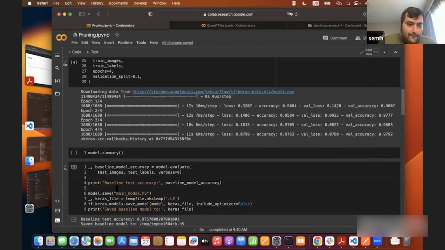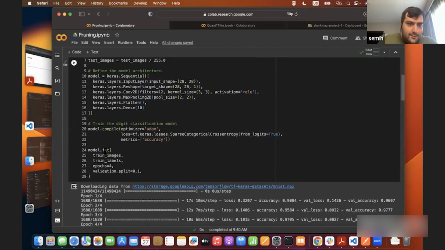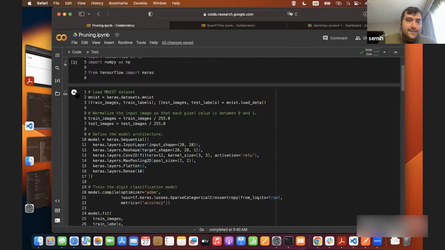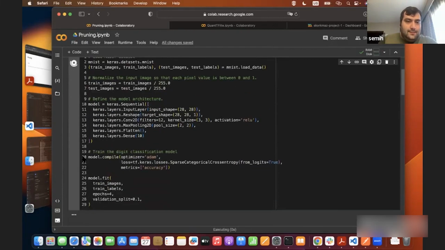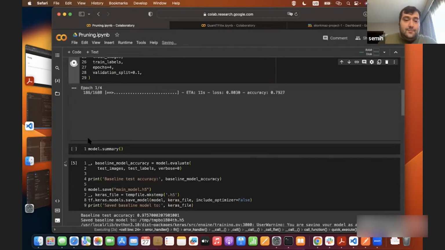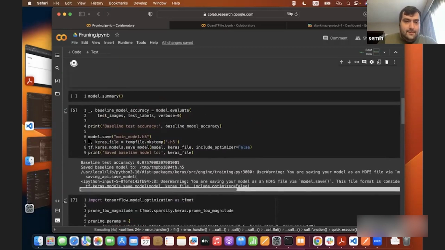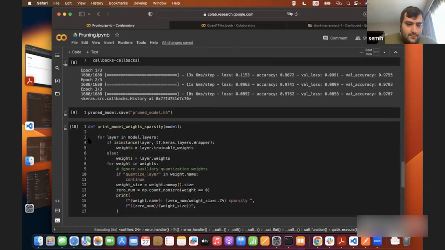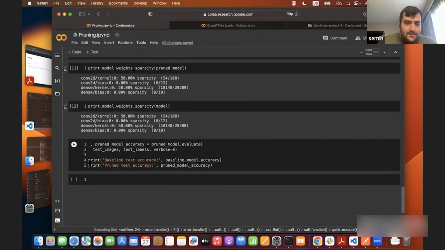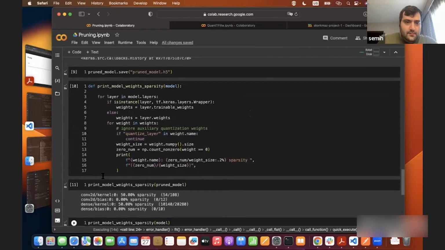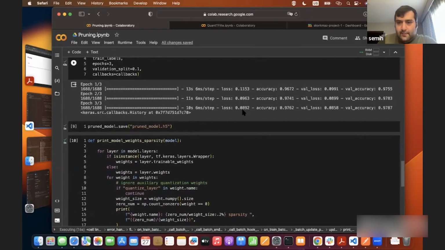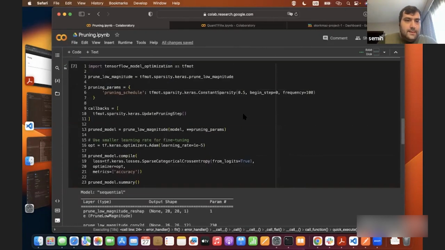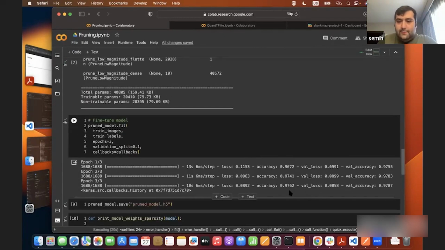Yeah, I did override my initial model, but actually it has the sparsity of 50, no sparsity basically. Let me resave this model. As I mentioned, the quality of it is almost the same.